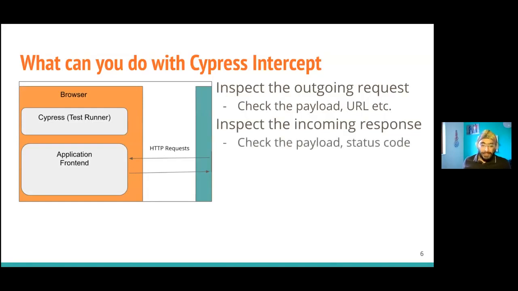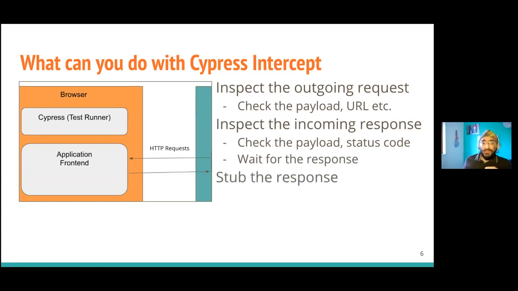You can check the payload of the response, the status code, and the headers. And another important thing is you can simply say, wait for the response to come back, and wait for the response to be a success, a 200 or a 2xx code. This becomes very important for end-to-end tests and making them stable.